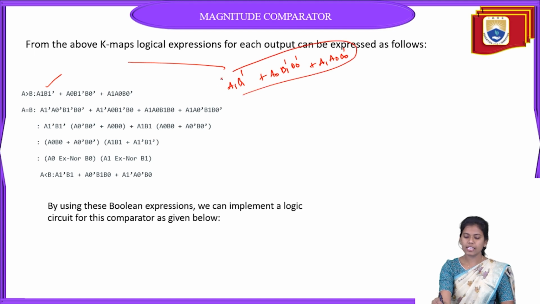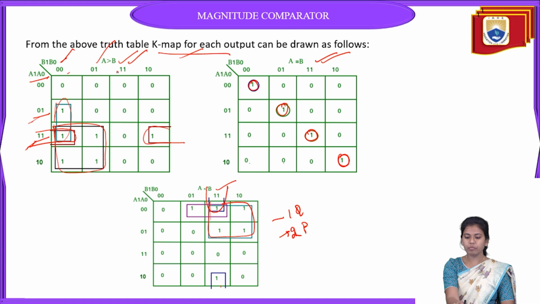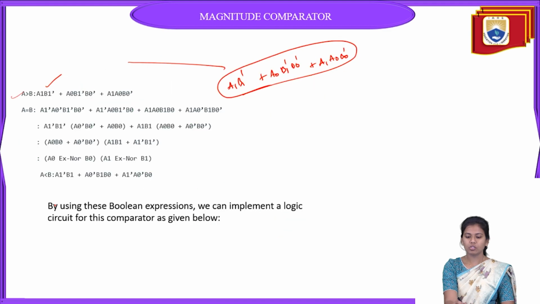This has been observed with respect to A greater than B from the Karnaugh map. Here we have A1 bar A0 and here A1 A0, so A0 can be taken common.